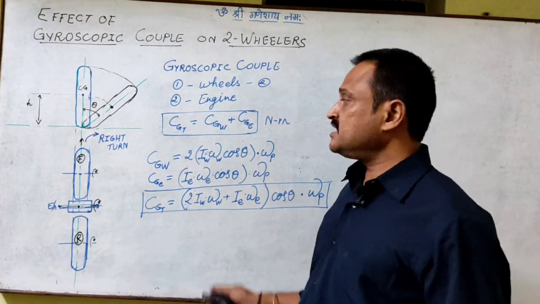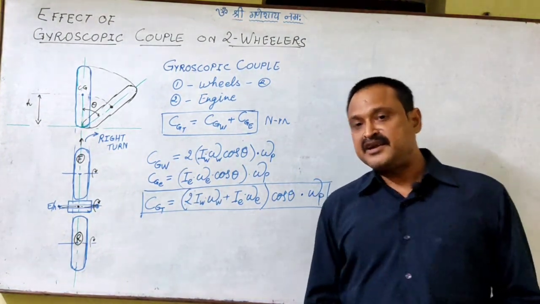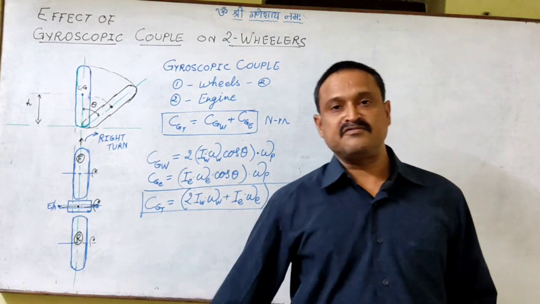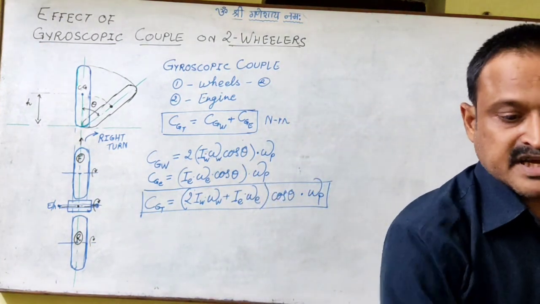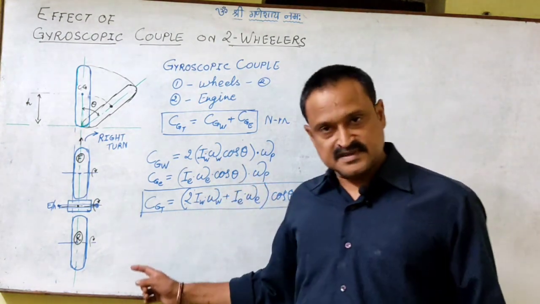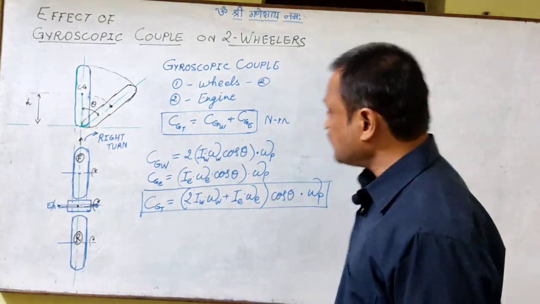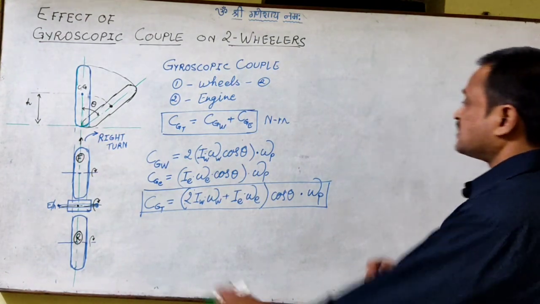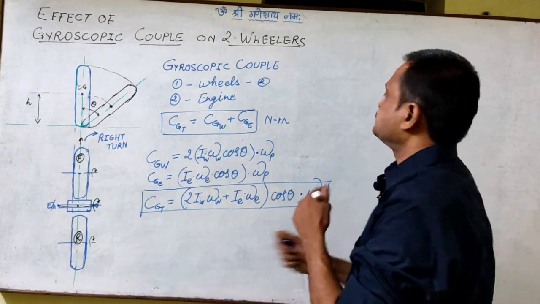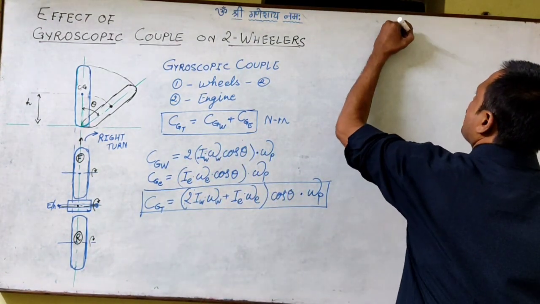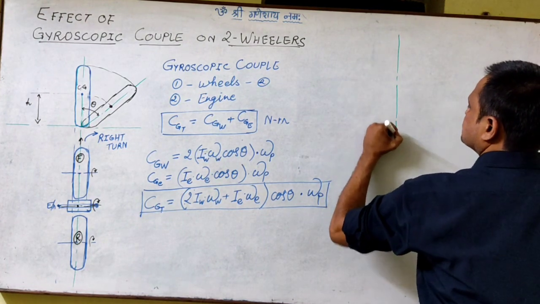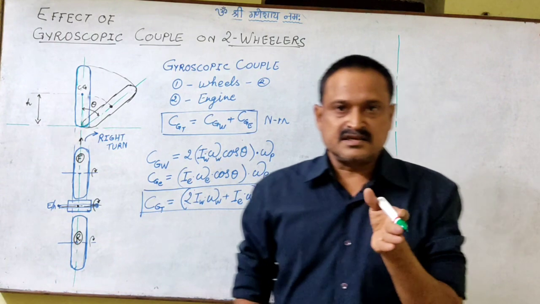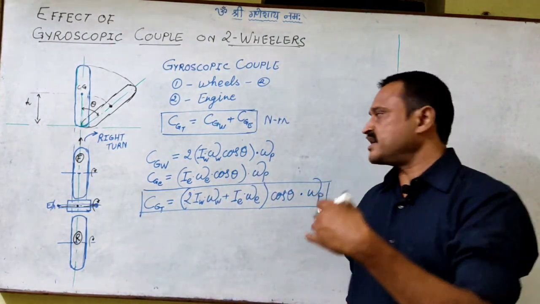Now again we will have to understand the gyroscopic couple, as only telling the magnitude will not do. I will also have to make a judgment of the sense of this couple. To get the sense of this couple, this is the y-axis, and the two-wheeler is taking a right turn.